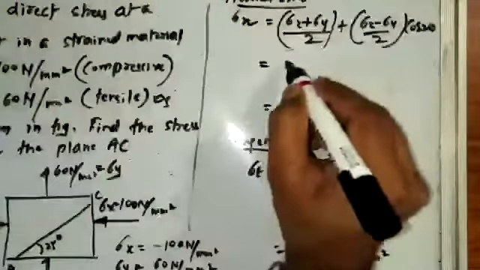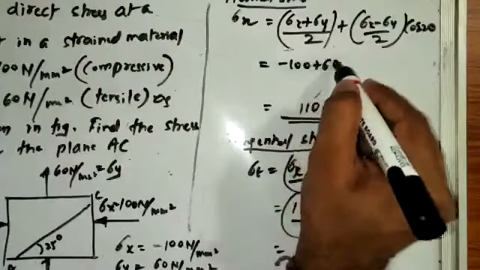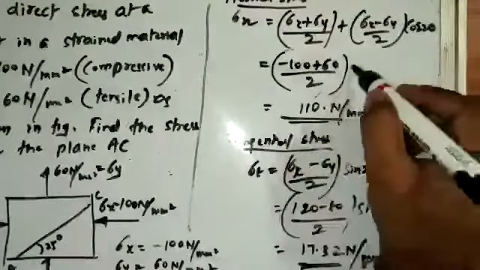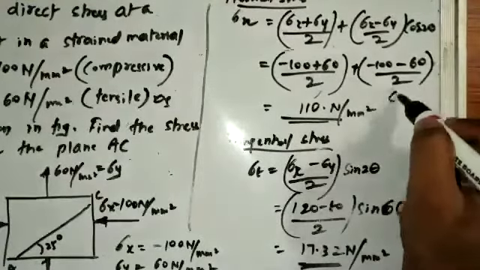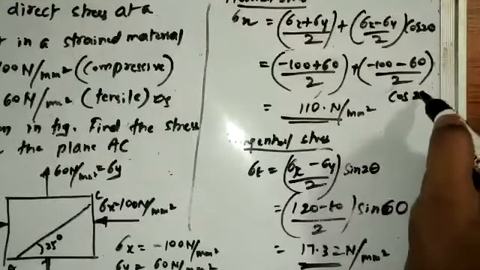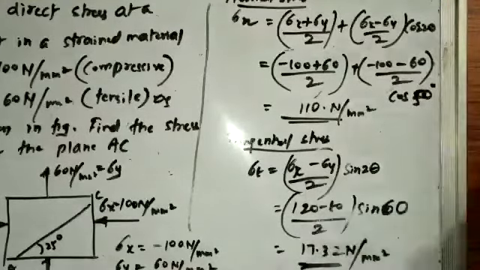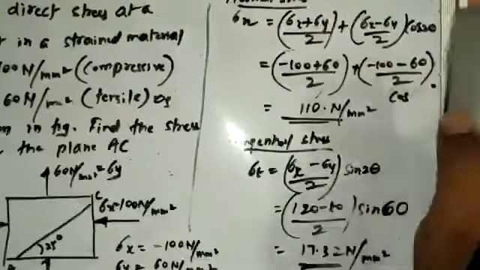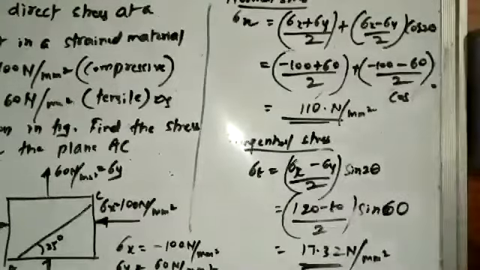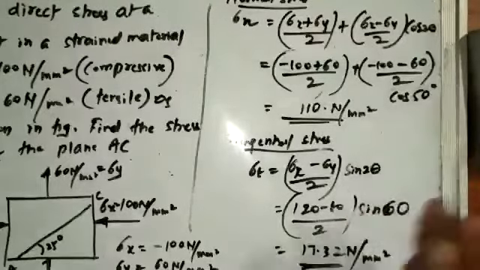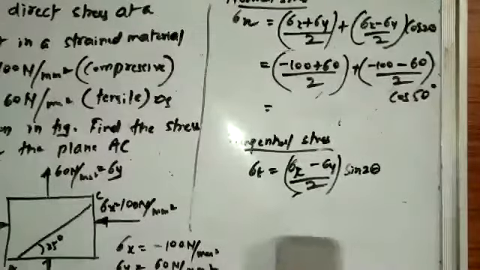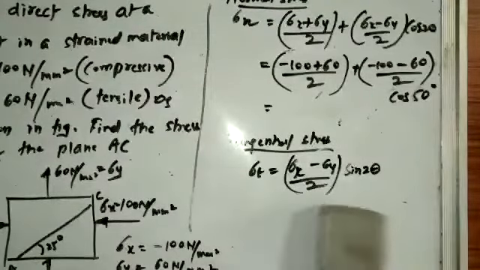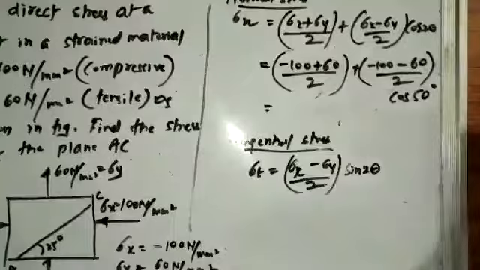So minus 100 plus 60 by 2, plus minus 100 minus 60 by 2 cos 2 theta, which means 50 degrees. Tell me what the value is quickly. Sir, minus 142.84.